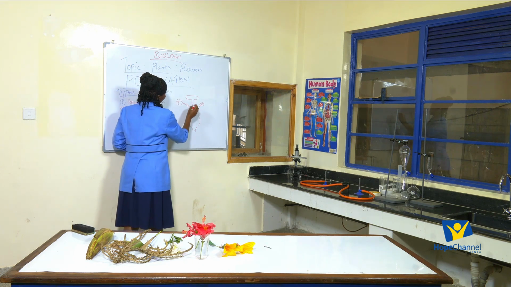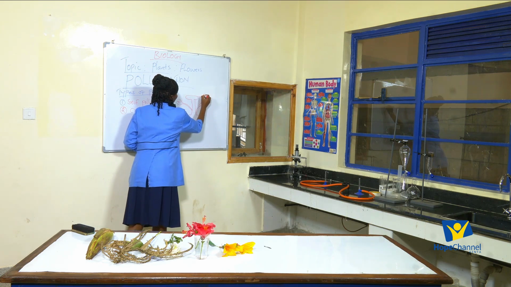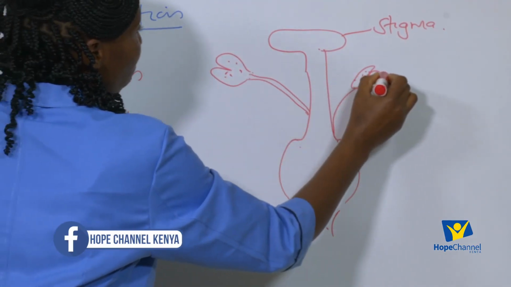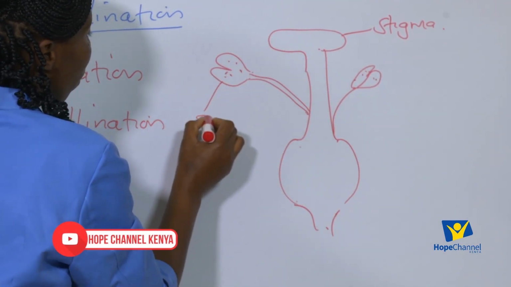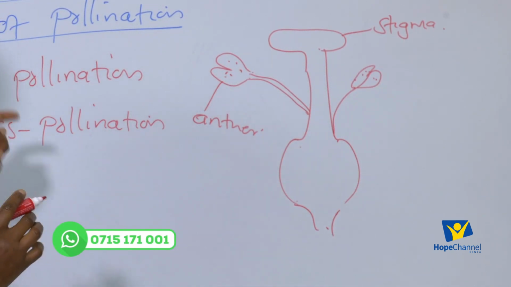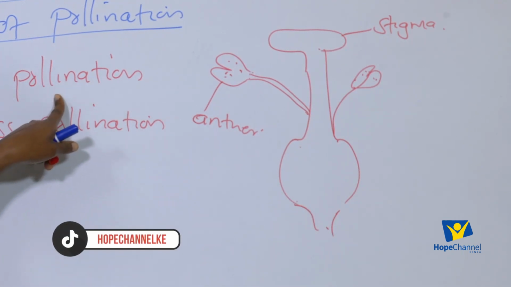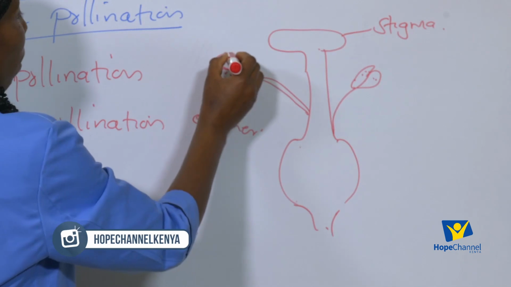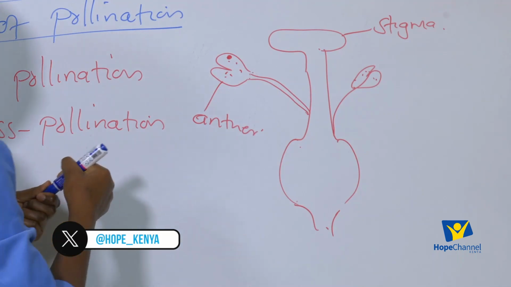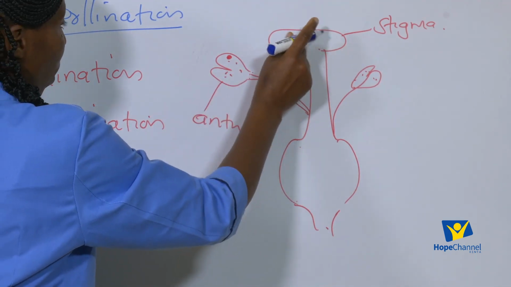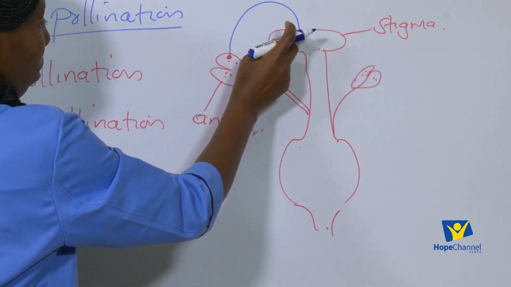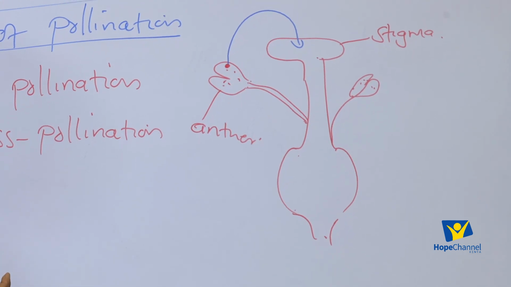If this is the stigma and this is the anther, then in self-pollination you transfer the pollen grain from the anthers to the stigma of the same flower.